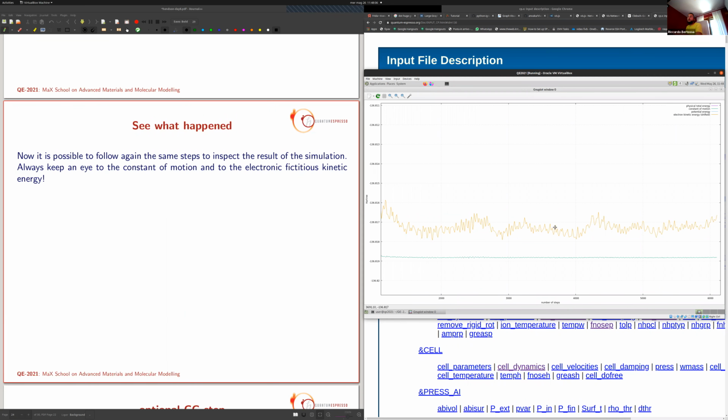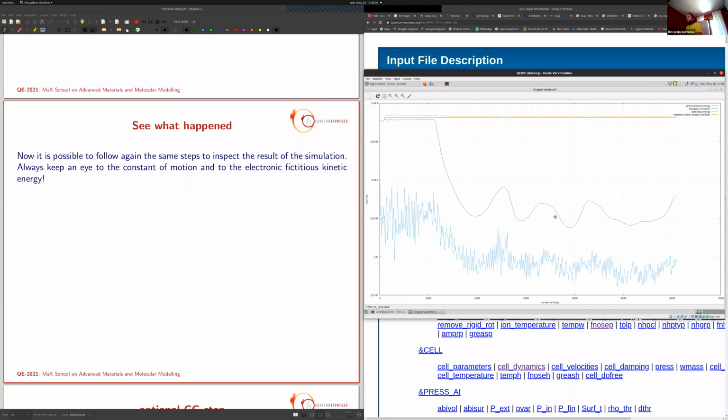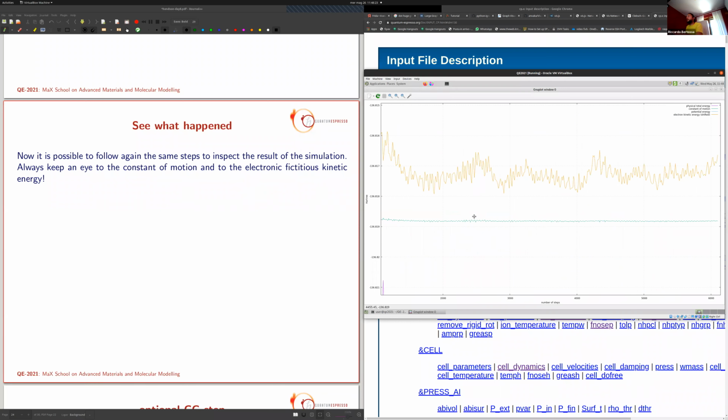Why did it go down? Because the temperature of the system is lower. By the way, later I have to show you also the temperature, of course. And you see also that the constant of motion of the Lagrangian is a constant of motion. So we are happy that our time step is small enough.